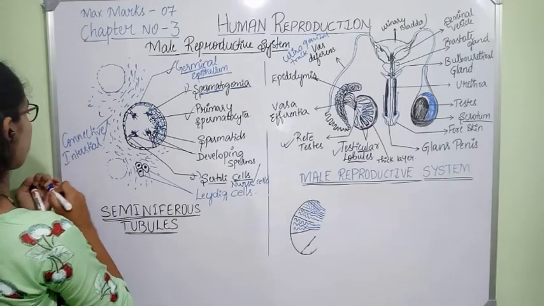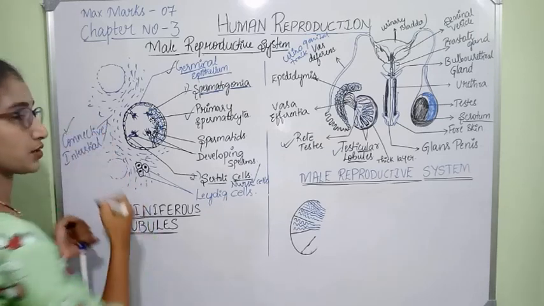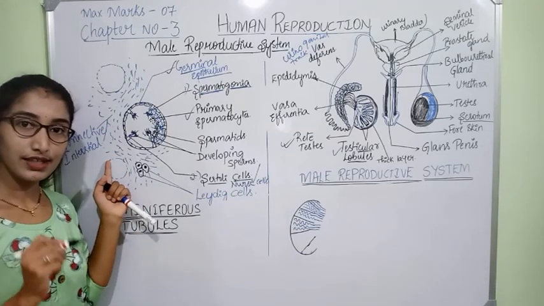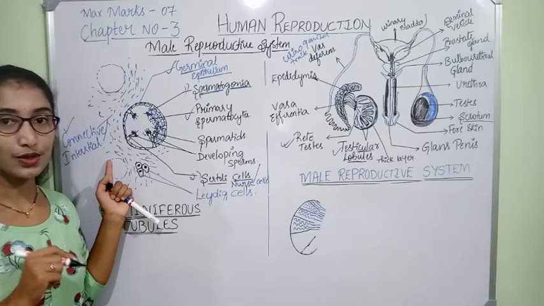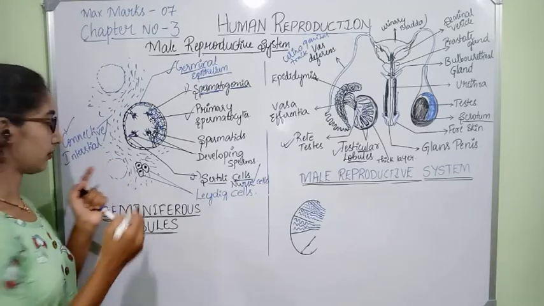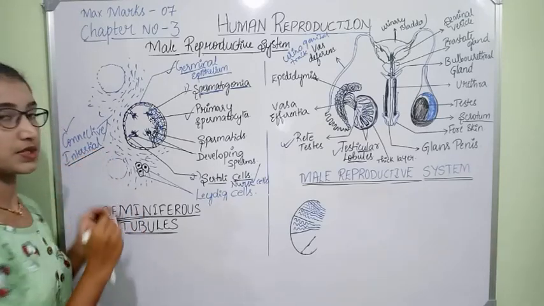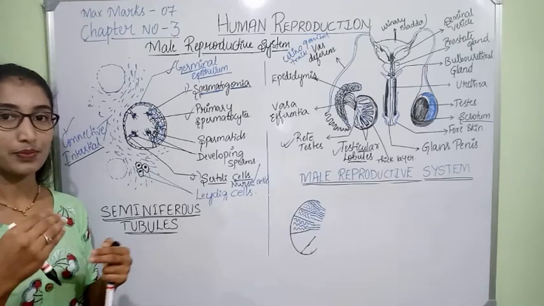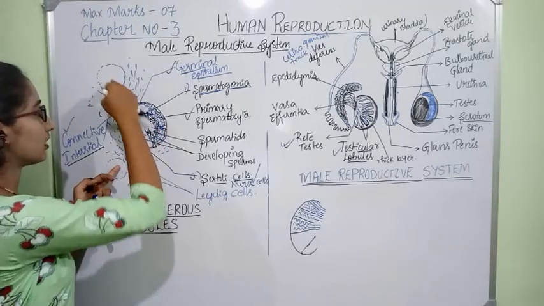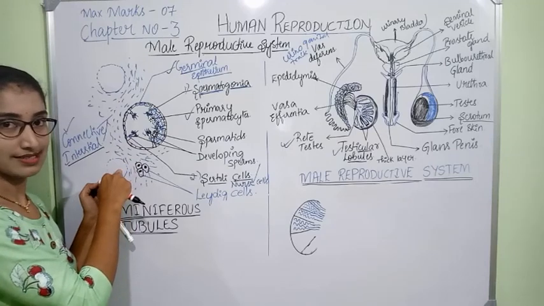The connective tissue is also called by another name, interstitial tissue. They are present in between two different seminiferous tubules.